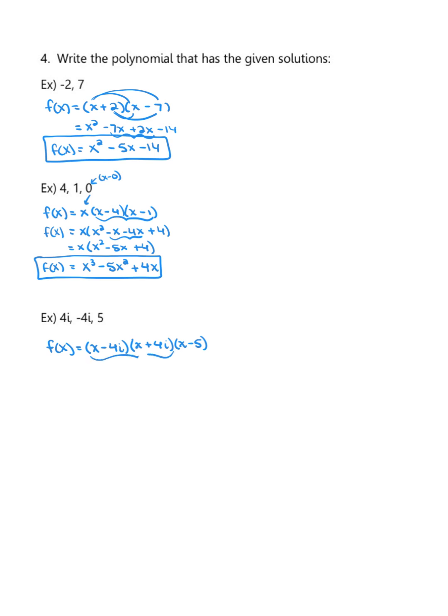So then multiply these two together. X times x is x squared plus 4xi minus 4xi minus 16i squared. Do you remember what i squared is equal to? It's equal to negative 1. So it's negative 16 times negative 1 plus 16.